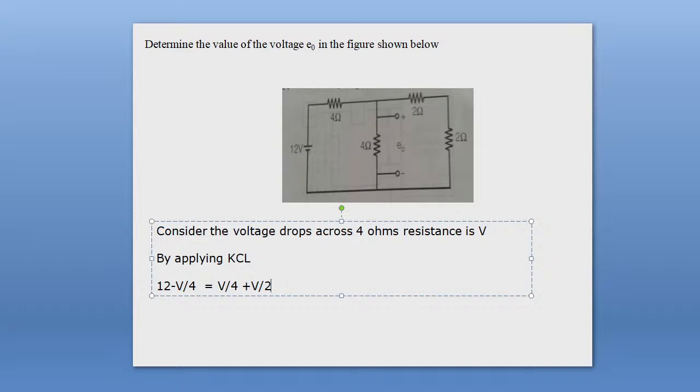So ultimately you will get 12 minus capital V equal to capital V plus capital V.